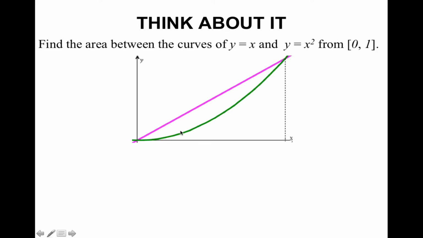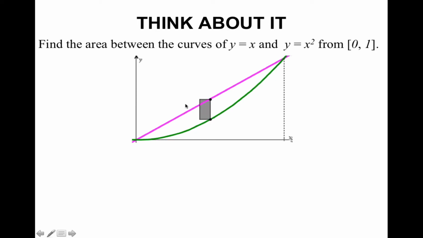Well, we know that when we find area, we're finding the area of infinitely many rectangles. So let's say I was to draw one of those rectangles, like my ith rectangle. And I want to find the area of infinitely many of these.